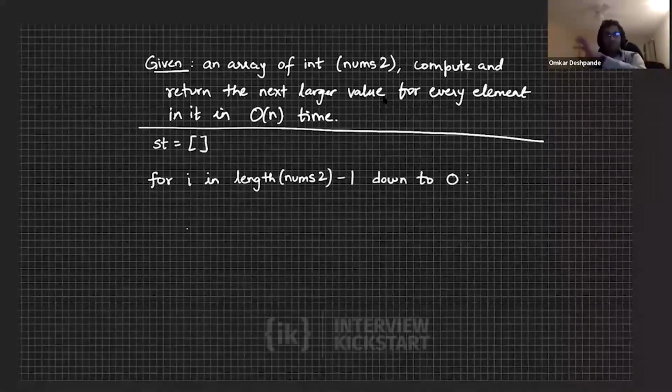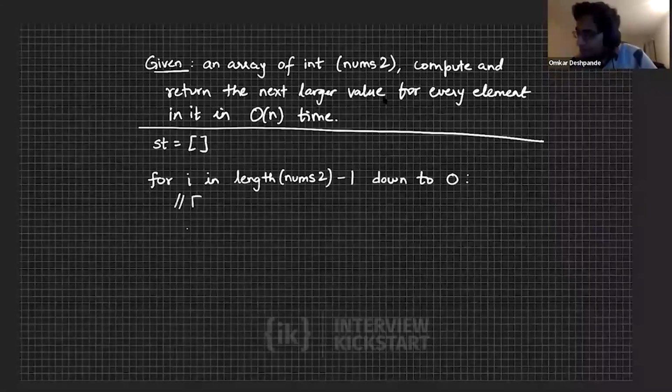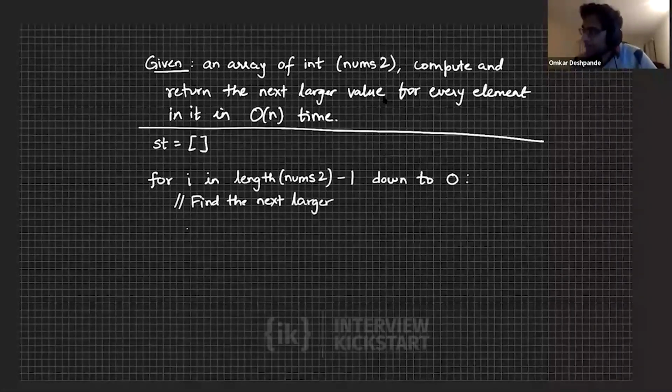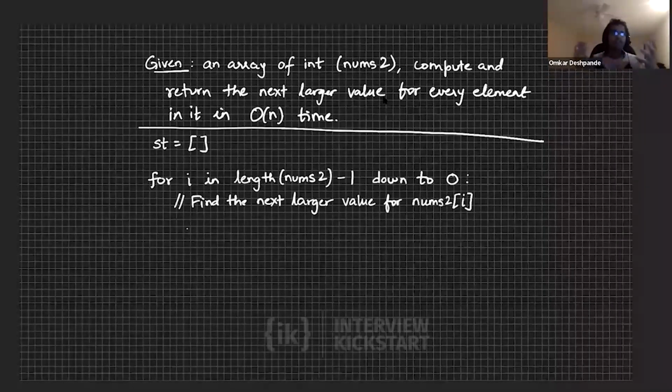So for each value in the right to left order, what we want to do is to find the next larger value. So the ith iteration, focused on the number at index i, is going to be computing the next larger value for nums of i.